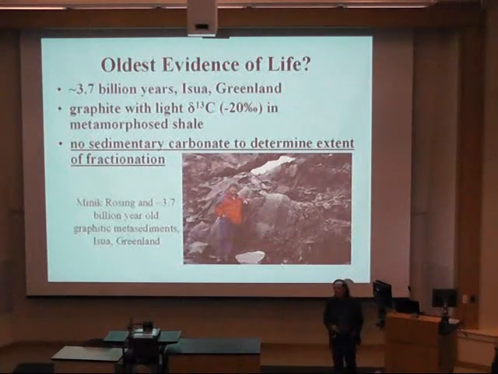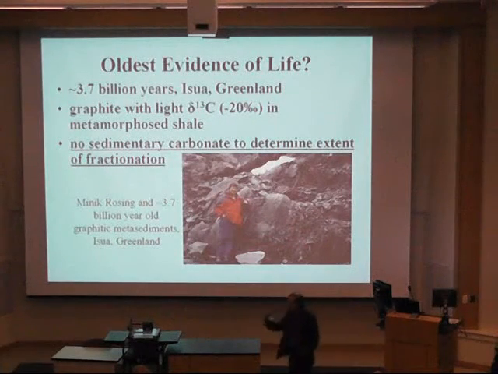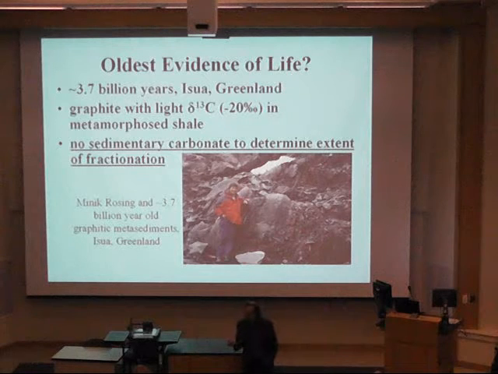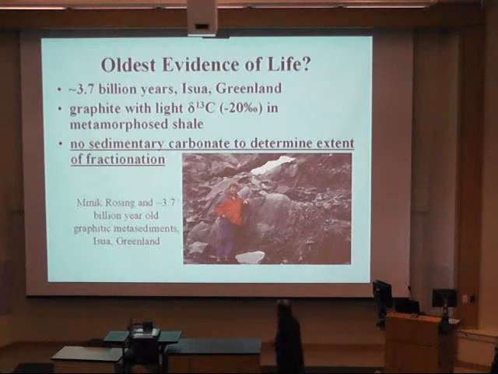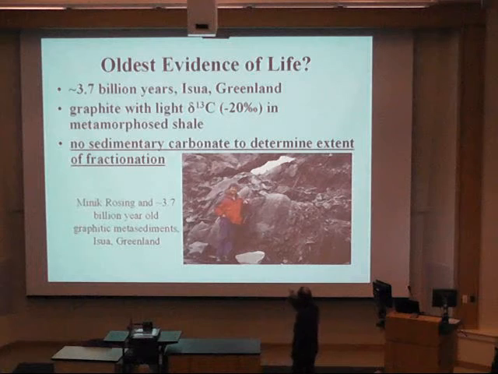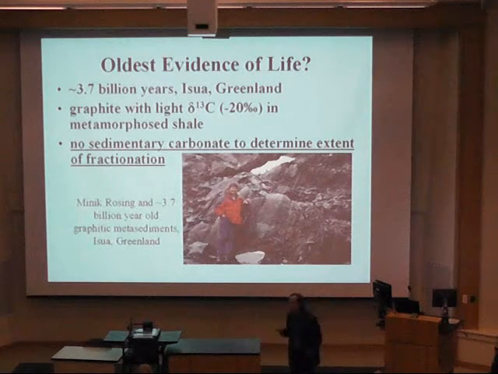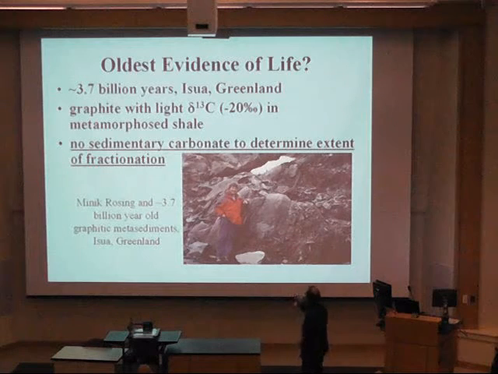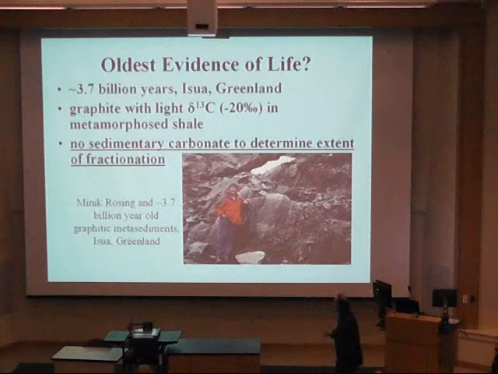So if we go a little bit younger, 3.7 billion years, this is still more than 3/4 of the way back to the origin of the Earth. You get graphite again with a similar isotopic composition, but these are in less metamorphosed rocks that clearly started out as sedimentary rocks that are shales.